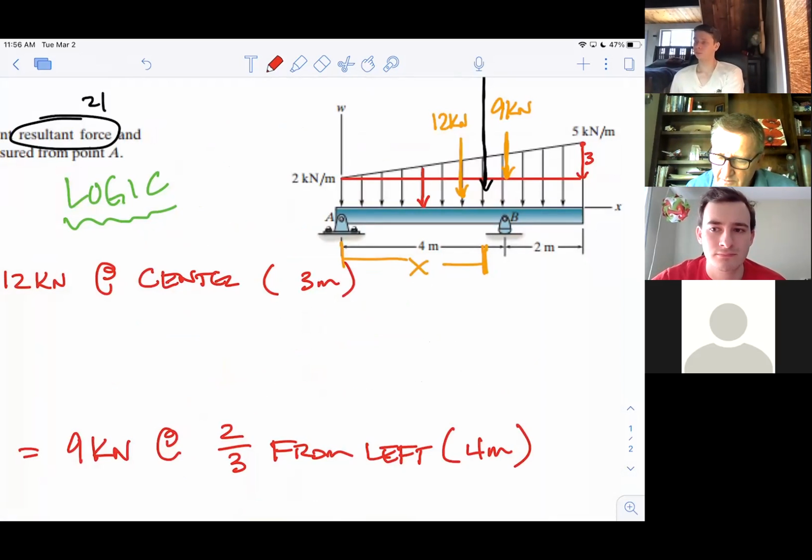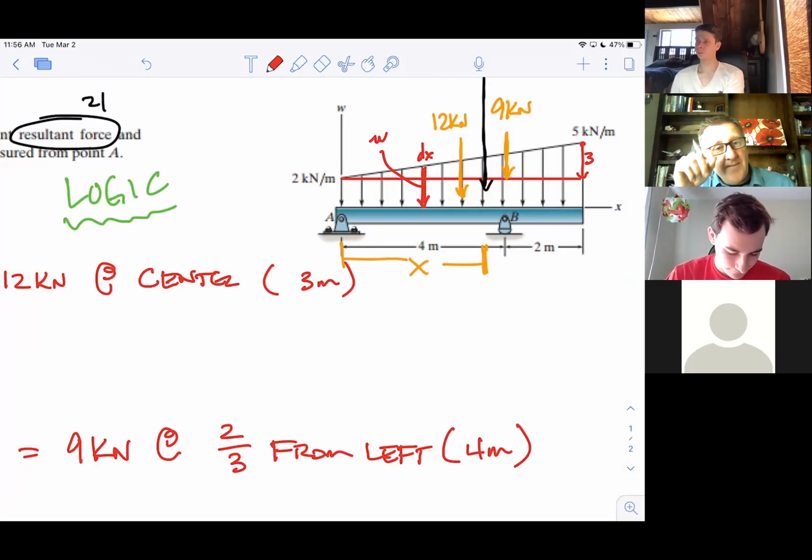So isn't its thickness, if you will, a little bit of x? The w coordinate was kind of the height of the arrow, and the dx was a little bit of thickness. And so what I really did is add all those little areas together.